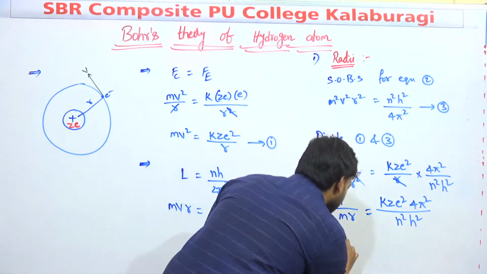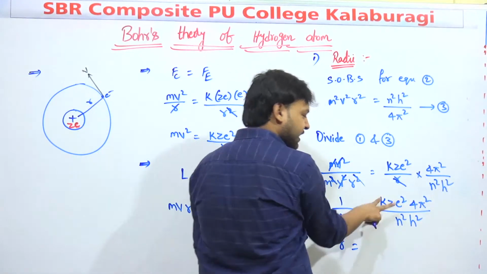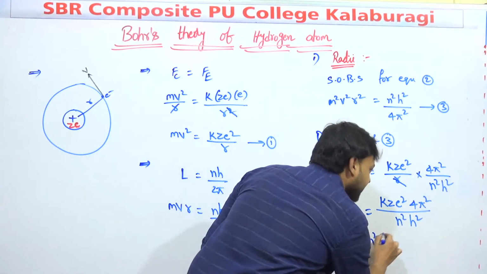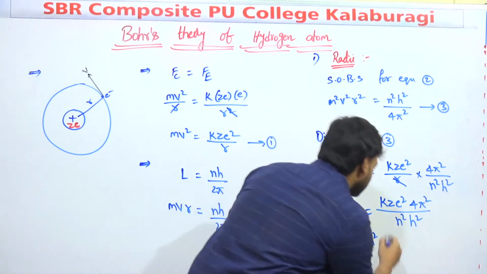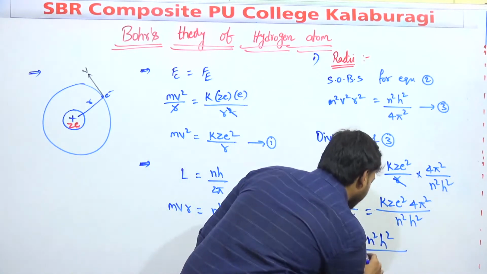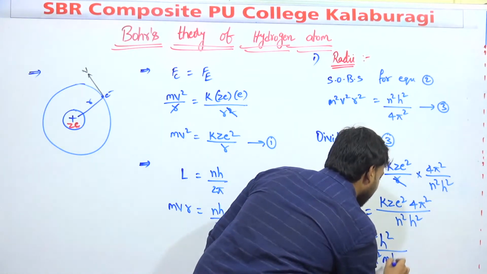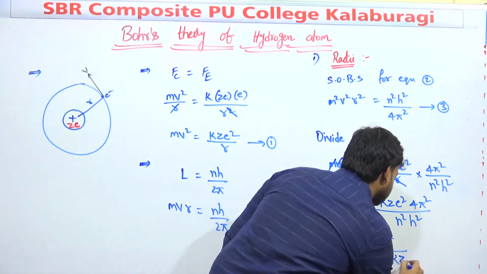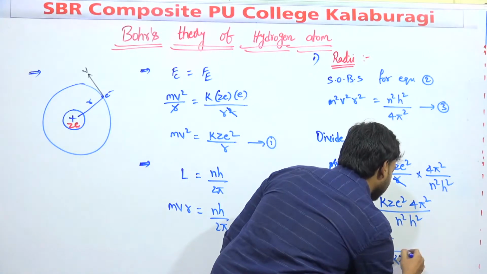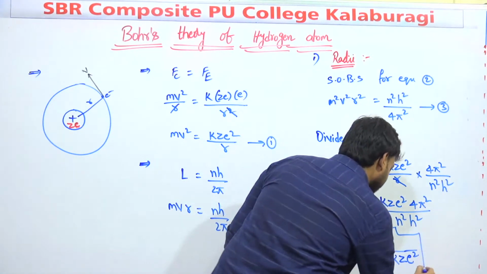So R is equals to, I have sent m to that side and we have to reverse the thing, so it will be m square. So n square h square divided by 4 pi square, and m also on that side, and k is there, and z is there, and e square will be there. Right? So this is the radius.